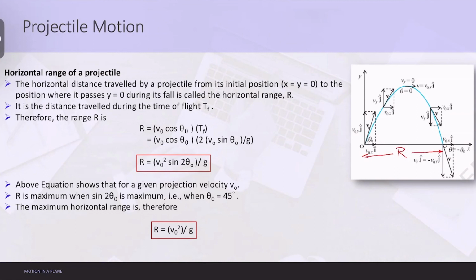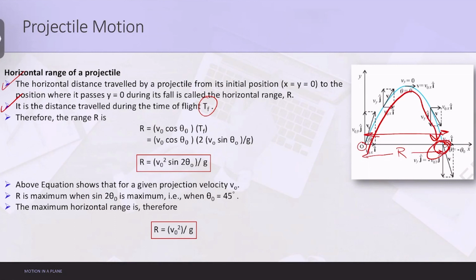The horizontal distance traveled by a projectile from its initial position, x = 0, y = 0, to the position where it passes y = 0 during its fall, is called the horizontal range. It is the distance traveled during the time of flight Tf, quite evident. So there will be movement in this form, and finally you will reach here.